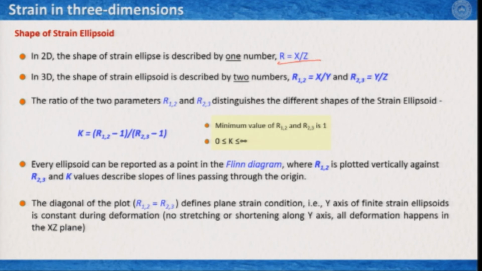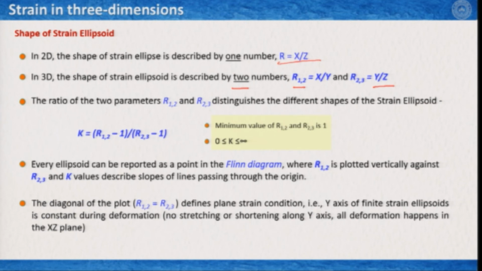But in 3 dimension, the shape of the strain ellipsoid is described by 2 numbers. One is r12, which is the ratio of long axis versus intermediate axis, and another one is r23, which is the ratio of intermediate axis versus short axis.